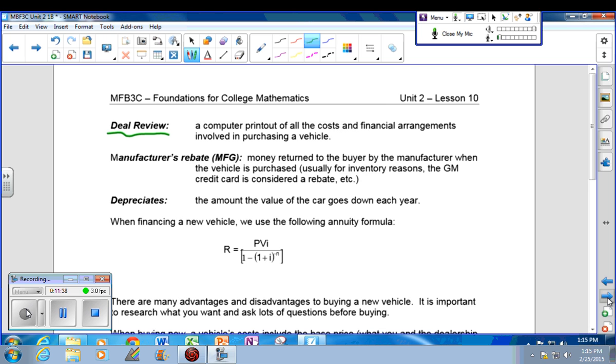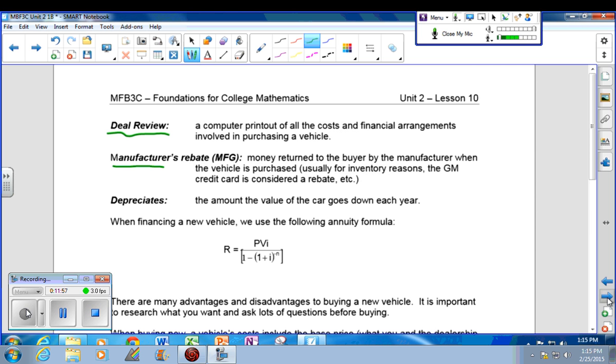Okay, now sometimes you'll get a manufacturer's rebate, and a good example is if you've just graduated from college or something. Sometimes up to a year after that, the manufacturer will give you $500 off. If you're a student, sometimes they'll give you some money off.